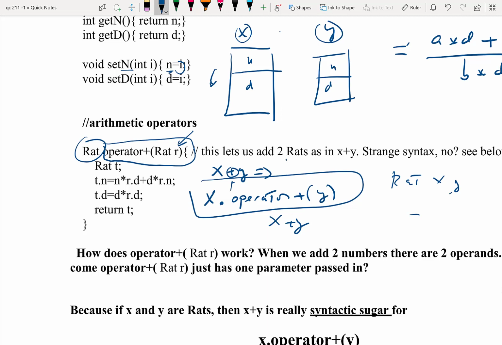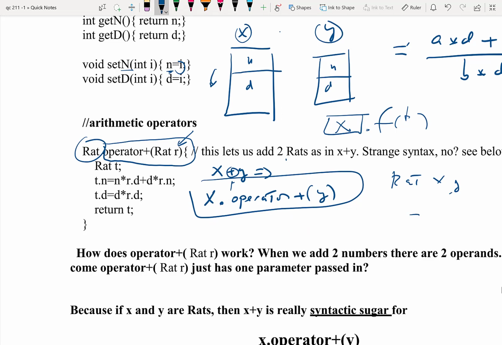Every call on a member function looks like this: an object in the class, then a dot, and then some function with or without parameters. So the left-hand side of the plus is by definition the left-hand side of this. When I say x plus y, I'm really calling x dot operator plus of y.